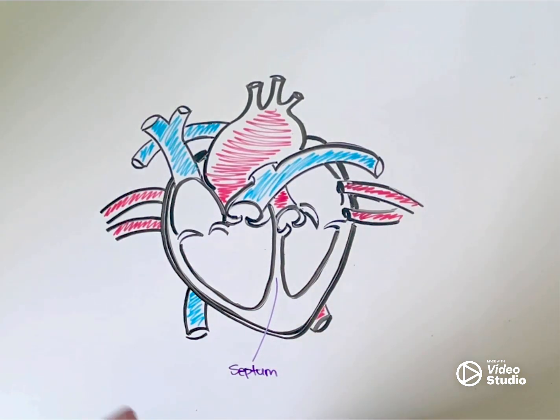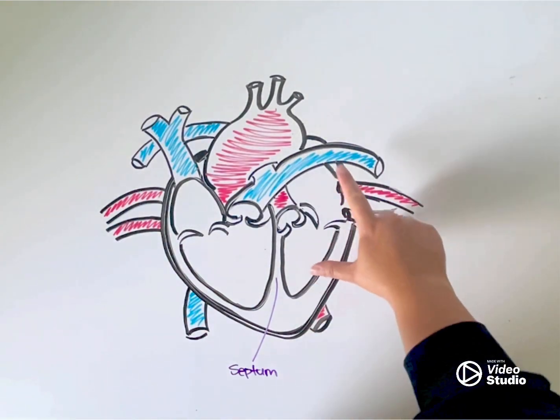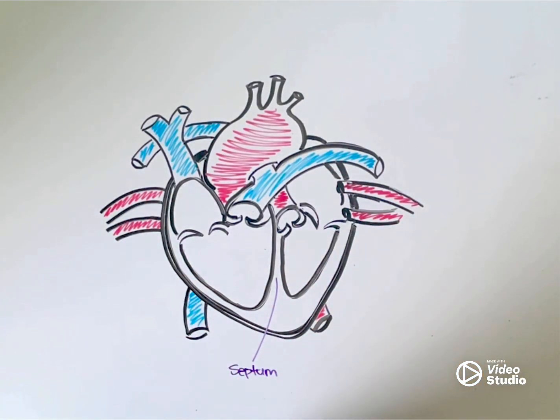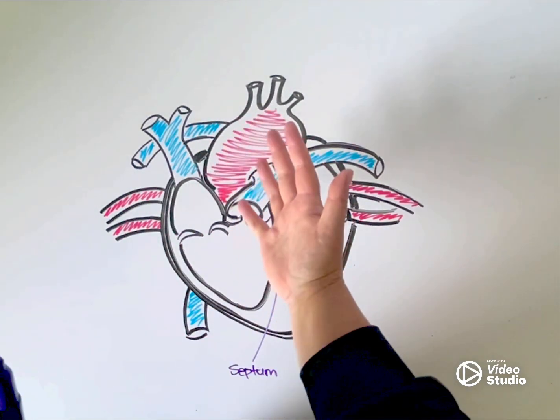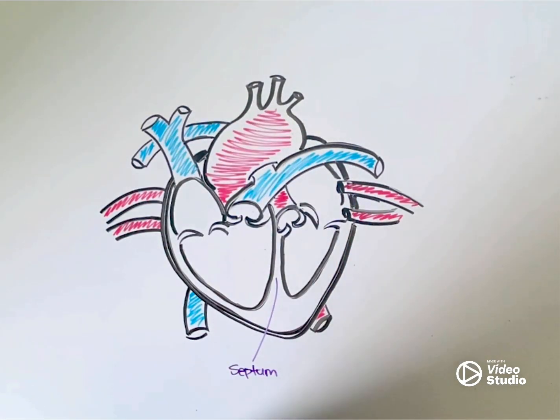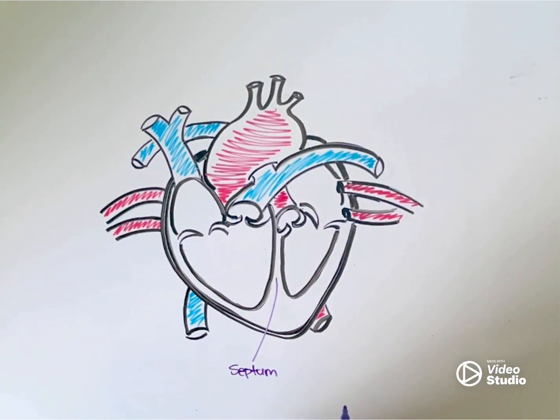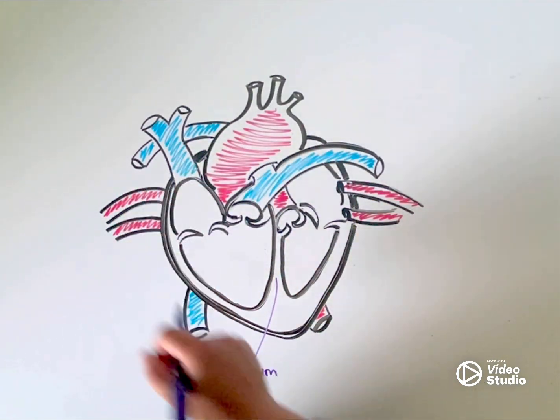However, I wouldn't label this as left and this as right as though I'm looking at it. I would actually label the left and the right side as though this was in my own body. So actually, this is the left side of the heart and this is the right side.